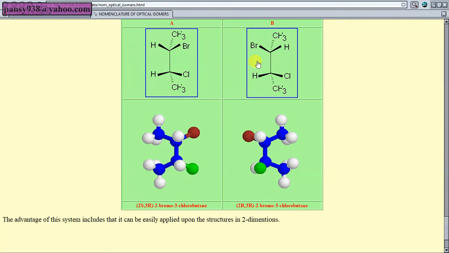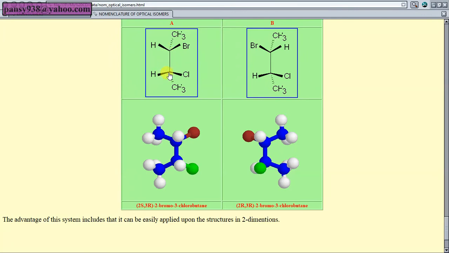So, in order to represent the stereochemistry of such compounds, we take and extend the R and S system for each of the chiral carbons. This chiral carbon is considered separately from this one.